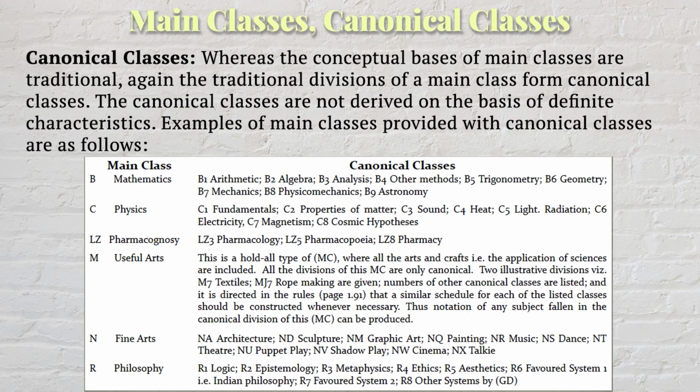Again, for example, in fine arts, we get canonical classes: architecture, sculpture, graphic art, painting, music, dance, puppet play, shadow play, cinema, talkies, etc. And in philosophy, we get logic, epistemology, metaphysics, ethics.